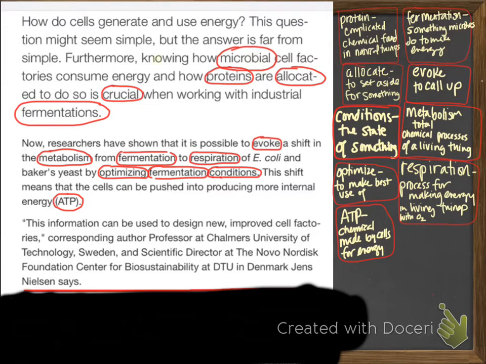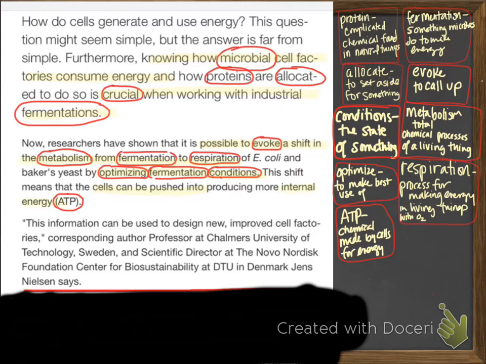So knowing how microbes consume energy is important when working with fermentation. Okay. Now, they know that it's possible to shift the metabolism when conditions are good. And cells can be pushed into making more energy.